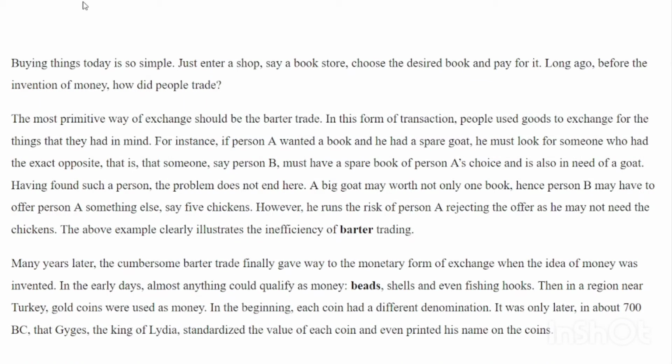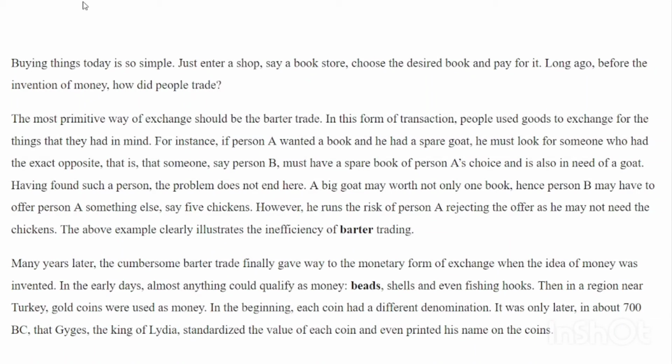Having found such a person, the problem does not end here. A big goat may not be worth only one book. Hence, person B may have to offer person A something else, like 5 chickens. However, he runs the risk of person A rejecting the offer as he may not need chickens. The above example clearly illustrates the inefficiency of barter trading.